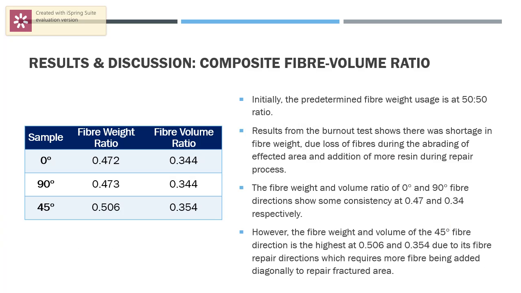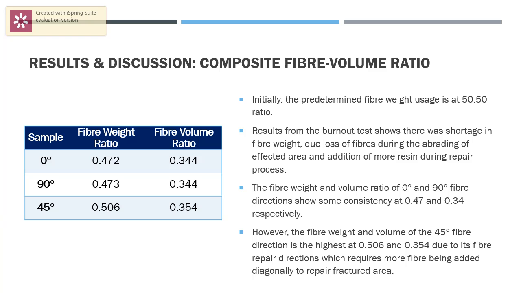From the burnout test, the predetermined fiber weight usage was initially a 50-50 ratio before repair. Results from the burnout test show there was a shortage in fiber weight due to loss of fibers in the braiding-affected area and the addition of more resin during the repair process.